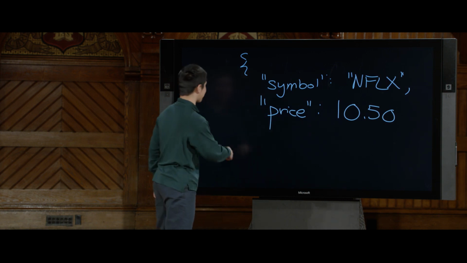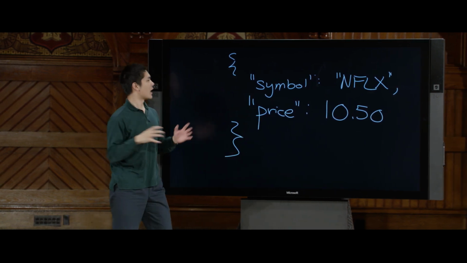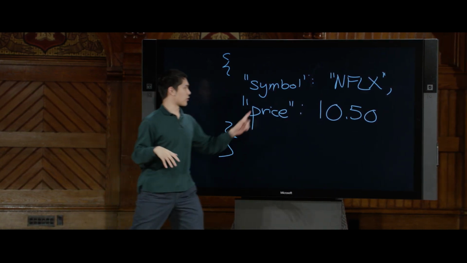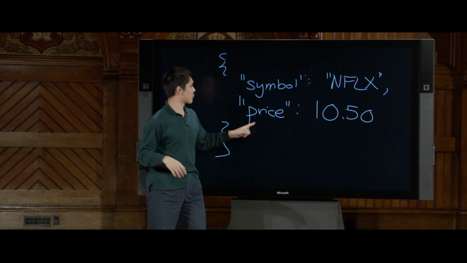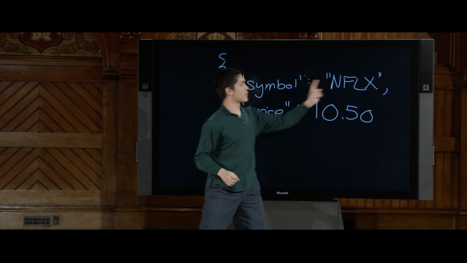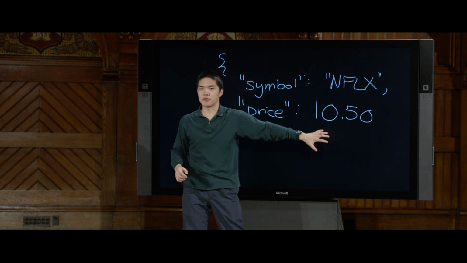It's probably more than that. I don't actually know what Netflix's value is right now. But the idea here is that we've related keys, symbol and price, with their values, Netflix and 10.50, for instance.